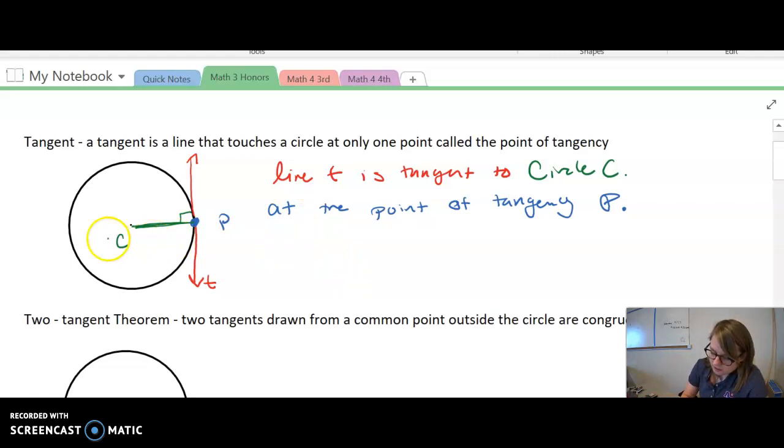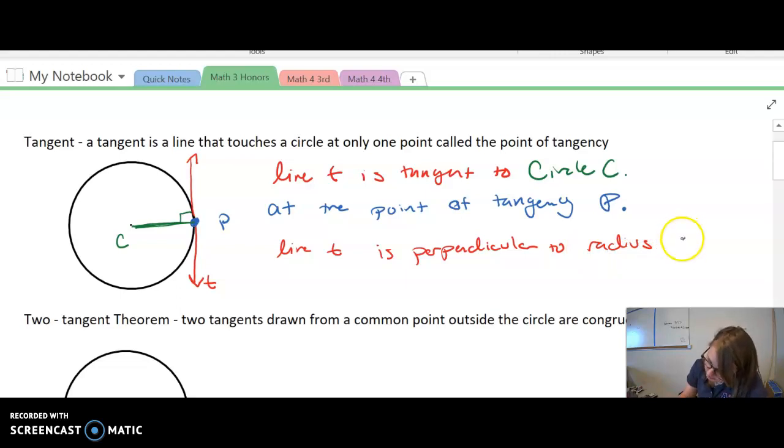So line T is perpendicular to radius CP. That goes for all points of tangency and tangent lines. If you draw a radius from the center to the point of tangency, and you have that tangent line, those will always be perpendicular. Alright?